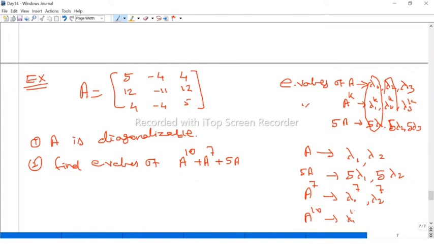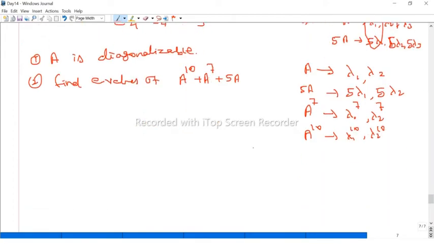Nothing but lambda 1 power 10, lambda 2 power 10. Therefore, what are the eigenvalues of A power 10 plus A power 7 plus 5 times A? You just have to add the first coordinates. Therefore we get lambda 1 power 10 plus lambda 1 power 7 plus 5 lambda 1. This is one eigenvalue. The other eigenvalue is lambda 2 power 10 plus lambda 2 power 7 plus 5 lambda 2.